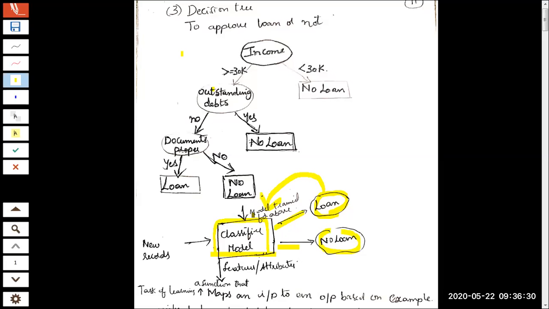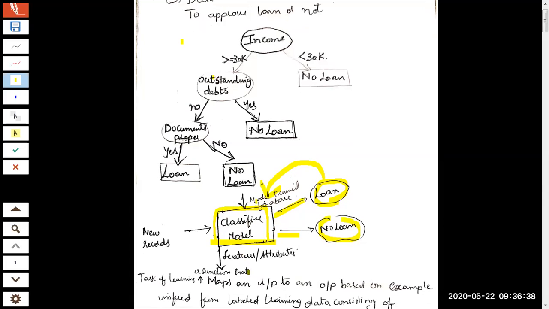So the same I have written here. You can see model trained. Now, not only the class labels, the classifier should also be informed about the features or attributes for the records or data that will be given. So for a classifier which is working on customer data with respect to a loan, what will be the attributes of the record?